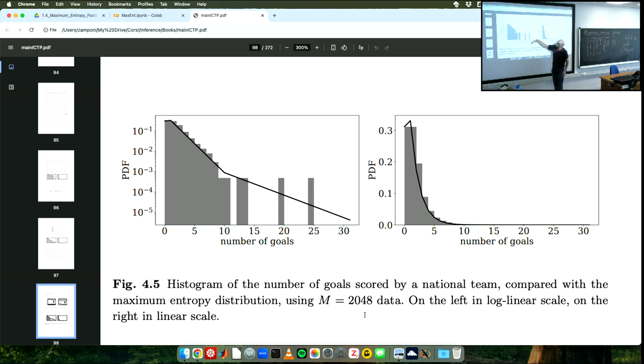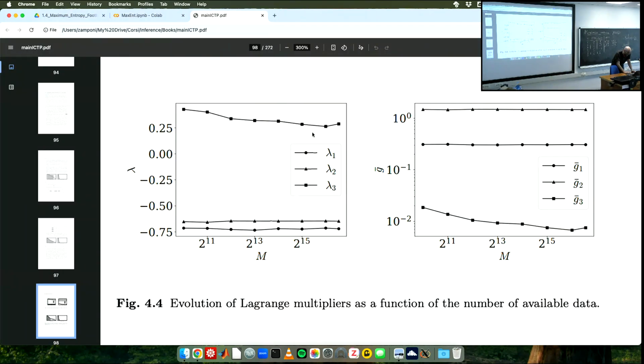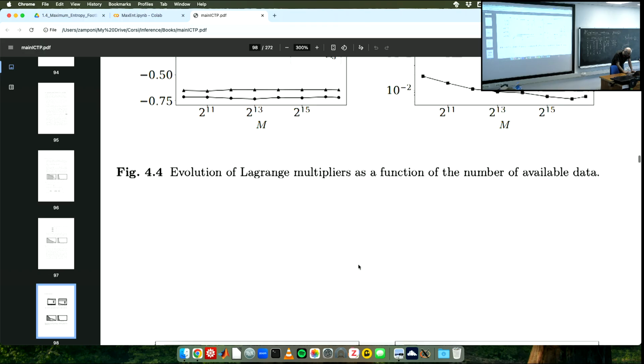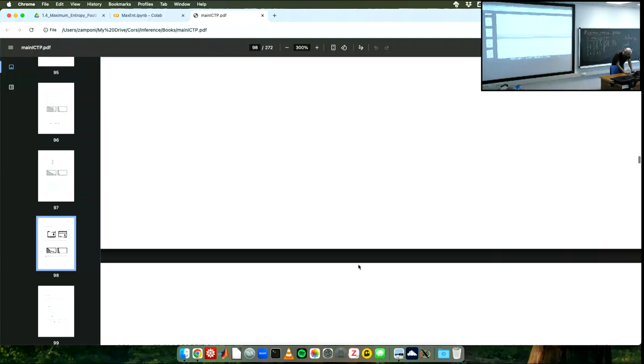And still, if you do maximum entropy, you can get a decent estimate of the slope here, because the lambdas, as I was showing before, are stable enough. And the lambdas are what control the tail of the distribution.